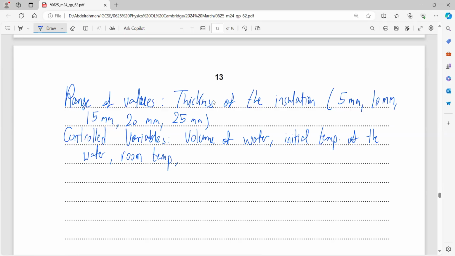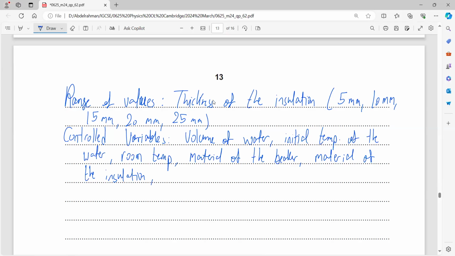You can say the material of the beaker, and the material of the insulation, which is very important. And last but not least, you can either say the final temperature or the time taken.